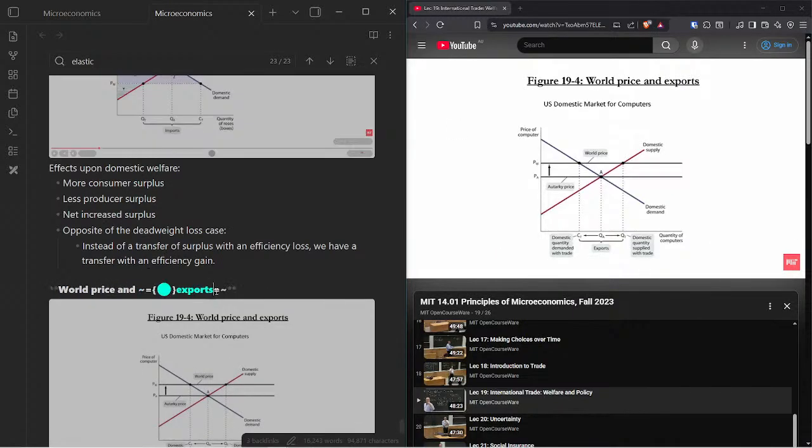It should be the impact of international trade on the US domestic market. Well, the impact of exports.